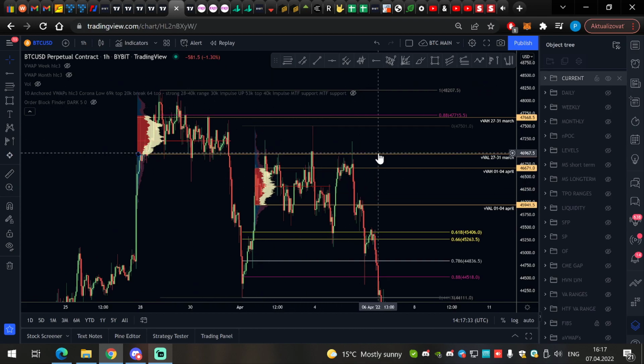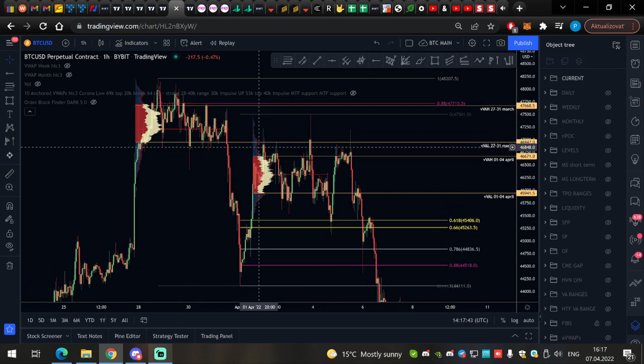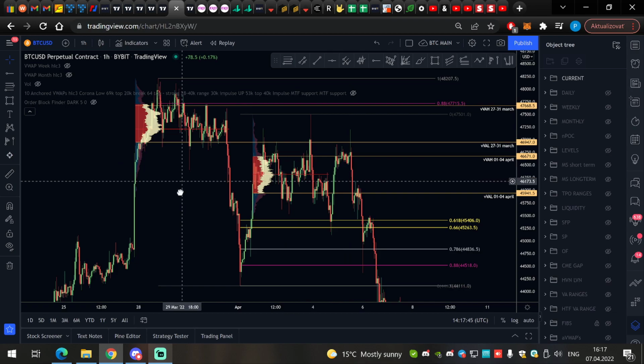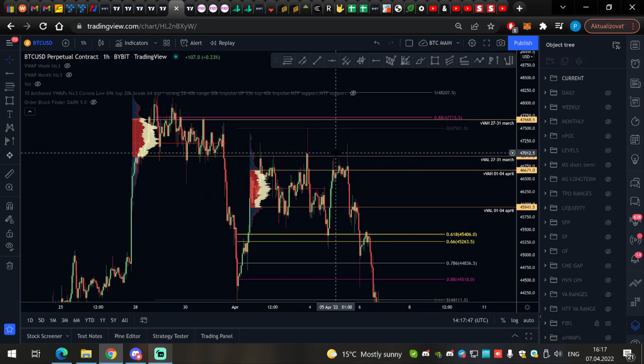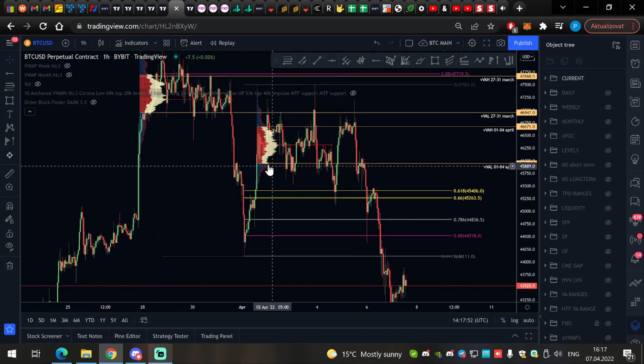We were rejecting here heavily, especially this VAL here. Look at the rejections. It was unable to close above it, signaling a potential move to the downside. And you were looking, of course, for shorts here. You will not be longing on the resistance. You look for shorts if you have the setups. Pretty obvious. We lost this range as well, and now we finally move.